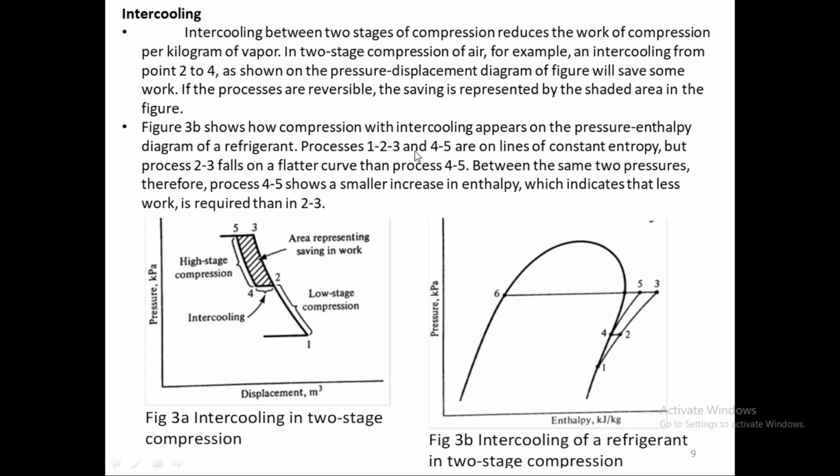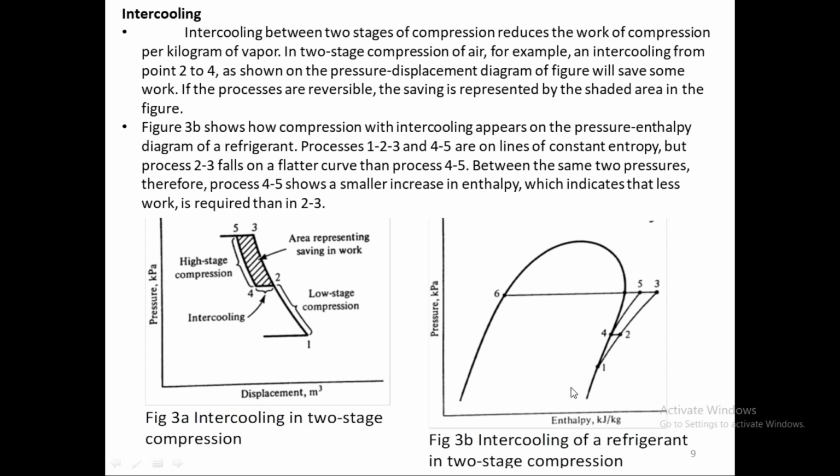Processes 1, 2, 3 and 4, 5 are on lines of constant entropy, but process 2, 3 falls on a flatter curve than process 4, 5 between the same two pressures. Therefore process 4, 5 shows a smaller increase in enthalpy, which indicates that less work is required.